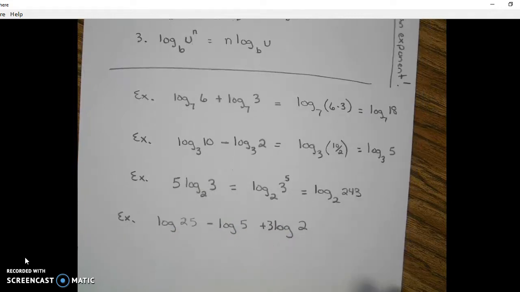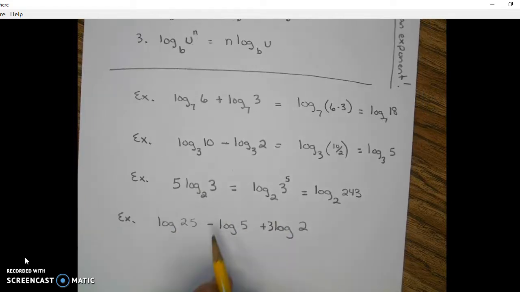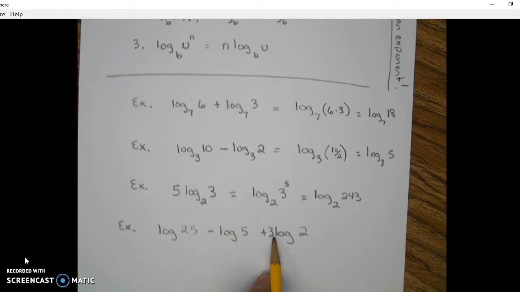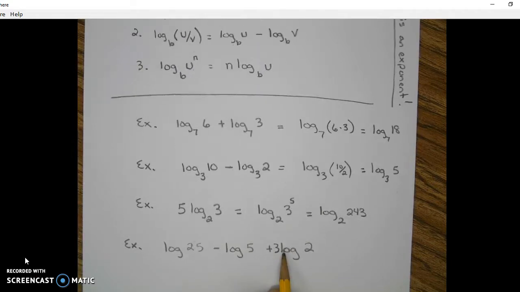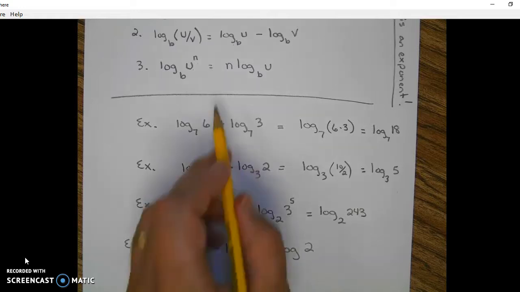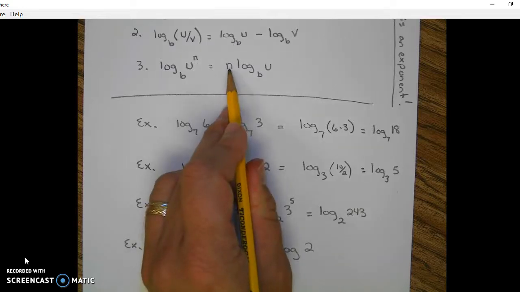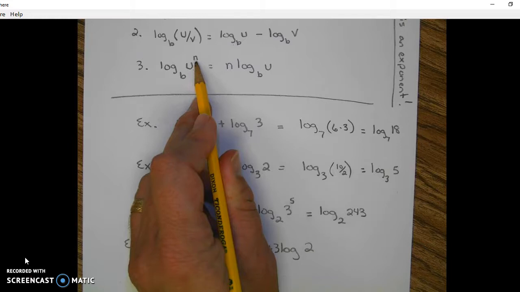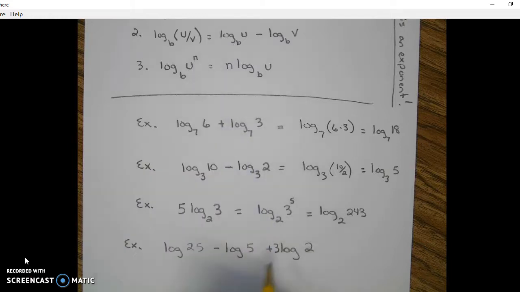So we have multiple things going on here: subtraction, addition, and multiplication. My suggestion is that you take care of multiplication first. Since we're multiplying, if you'll recall, the number in front goes up on top of the argument. So the 3 is going to go up on the 2.